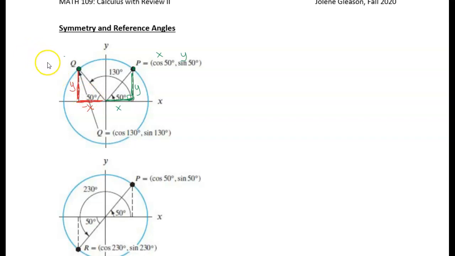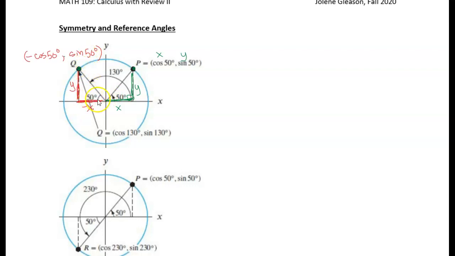So the coordinates of Q are going to be negative cosine of 50 degrees, and the y coordinate is just going to be exactly the same, sine of 50 degrees. Okay, so for 130 degrees, the cosine is the negative of the cosine of the 50-degree angle, and the sine is exactly the same as the sine of the 50-degree angle.